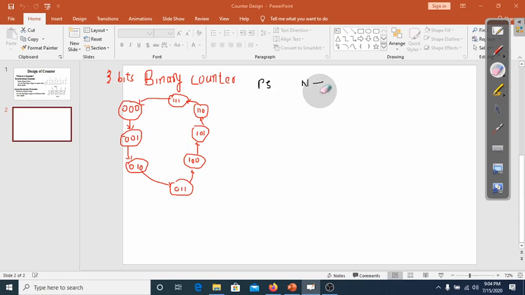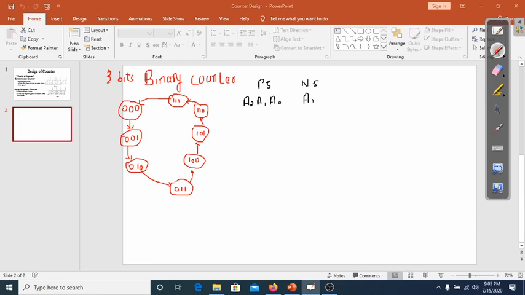A2 is the most significant bit here, then A0 is the least significant bit. So this is the present state, this is the next state.